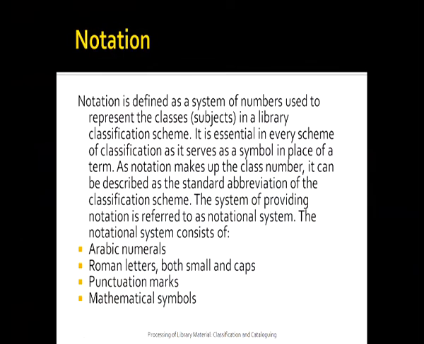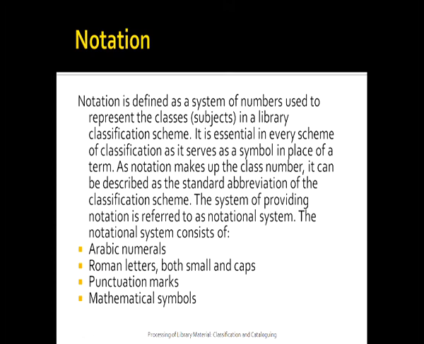Notation is defined as a system of numbers which is used to represent the classes, that is, the subjects in a library classification scheme. It is essential in every scheme of classification as it serves as a symbol in place of a term. As notation makes up the class number, it can be described as the standard abbreviation of the classification scheme.